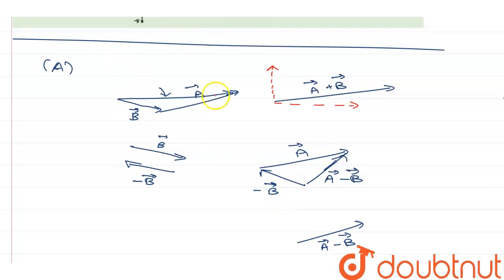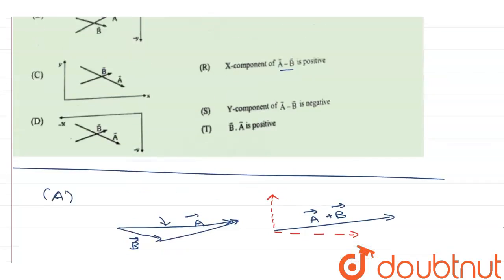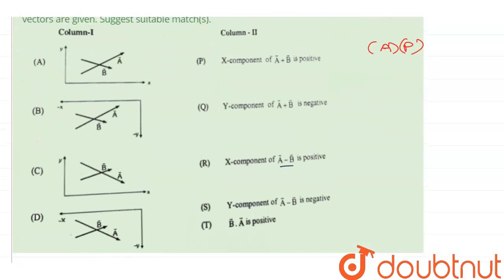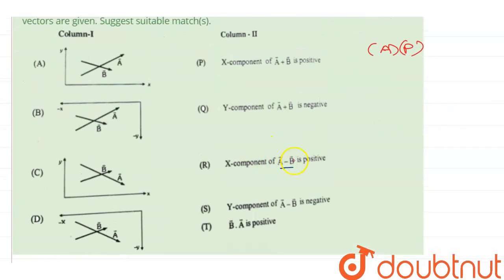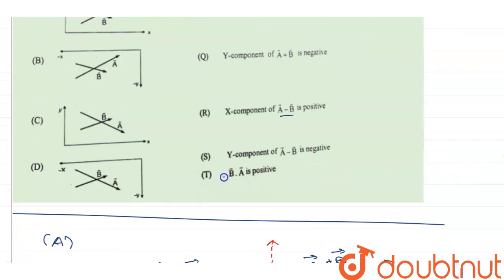Now you can see that its y component is positive and its x component is also positive. So x component of A minus B is positive. That means option number R is also true for A. Now B dot A is positive.